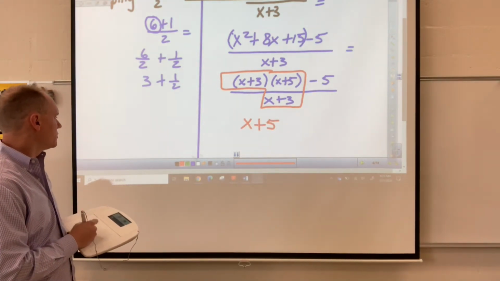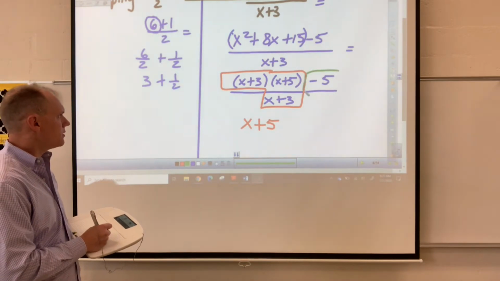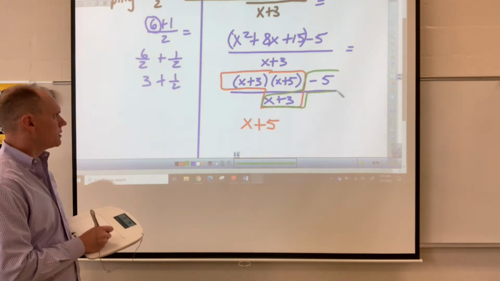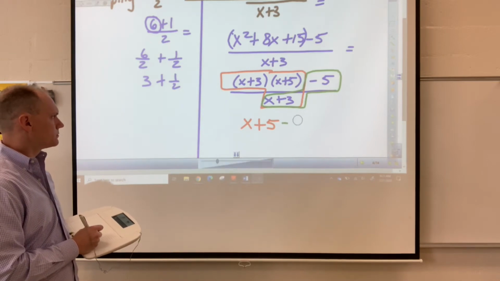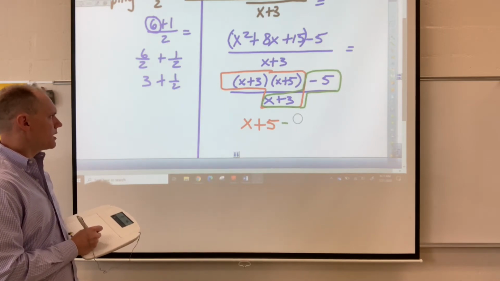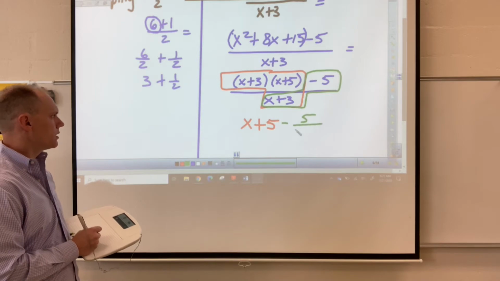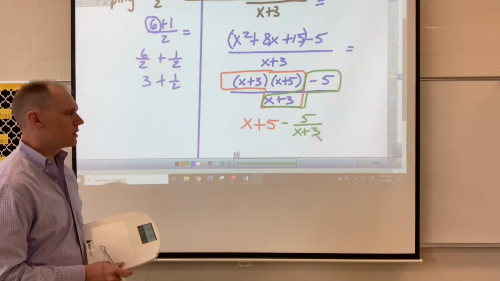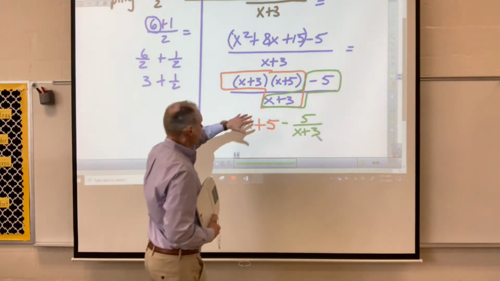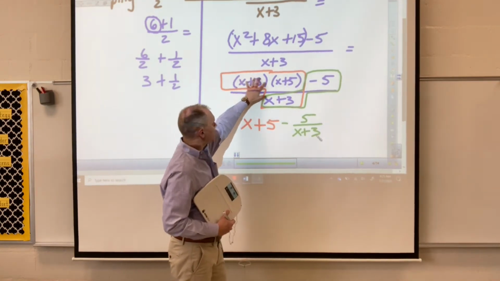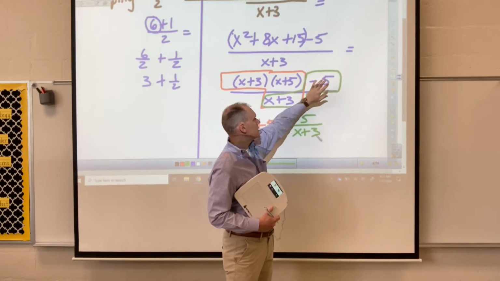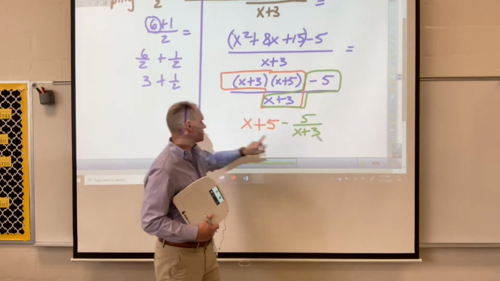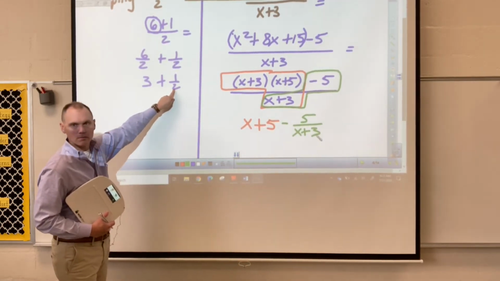When we divide minus 5 by the same denominator, we're left with just minus 5 over x plus 3. So again, x plus 3 goes into this part evenly, and the second part is just going to be that fraction there, just as we were left with over here.